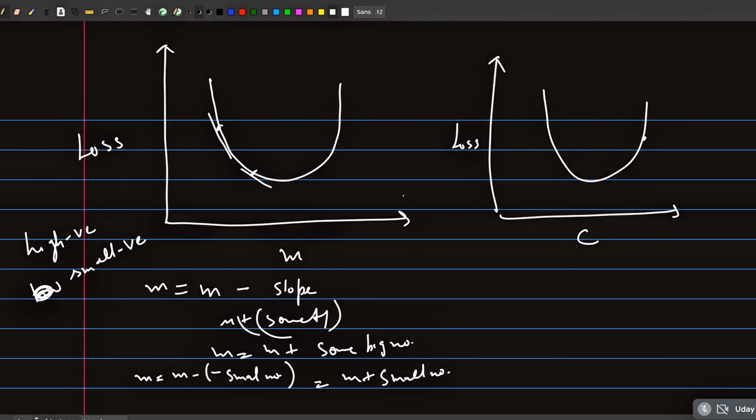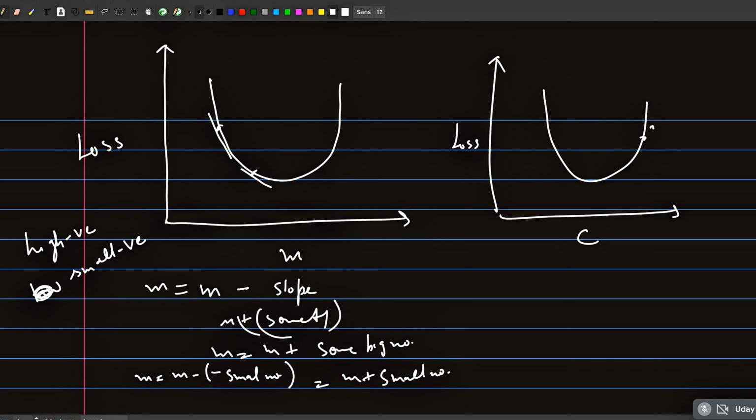So I think you can see we have solved the problem of how much we have to add. It should depend on where we are on this graph, on the current value of m.